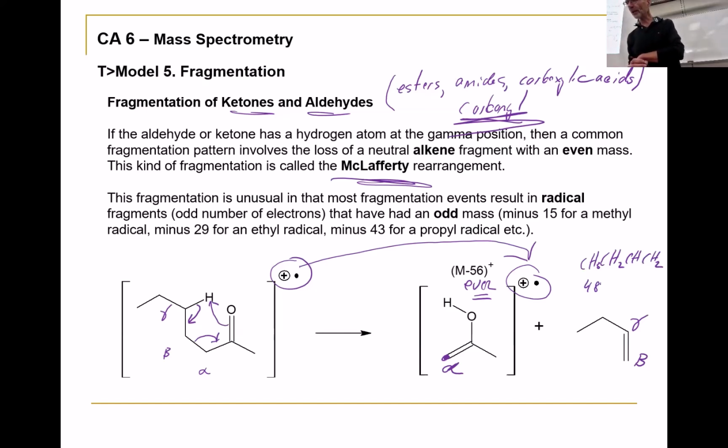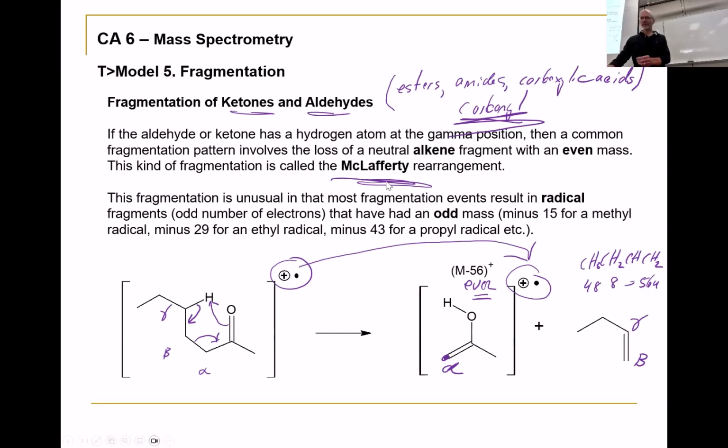I've got 8 hydrogens. I add those all together and I get a mass of 56 atomic mass units. So it makes sense that we're going to lose an even number. We're not losing a radical. So again, if you happen to see an even number fragment loss and you suspect you have a ketone or an aldehyde, this is a justification for that.